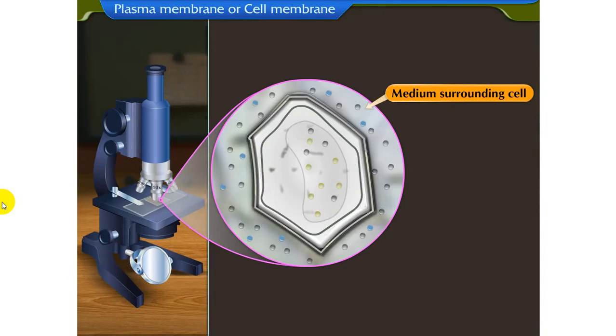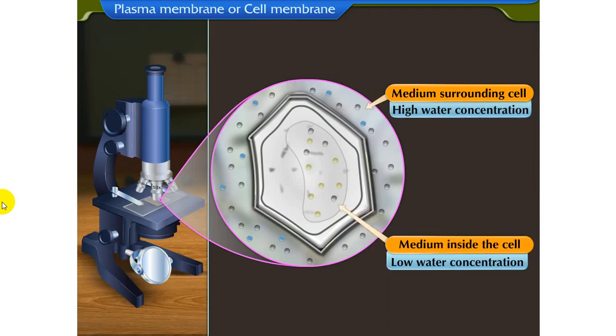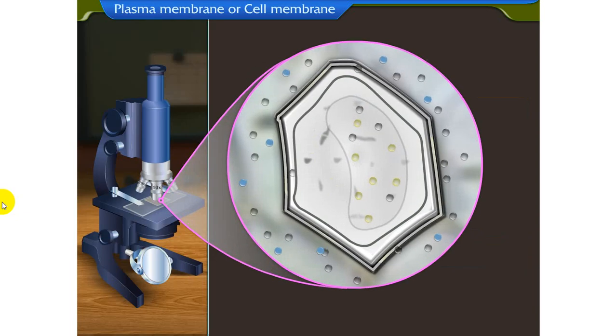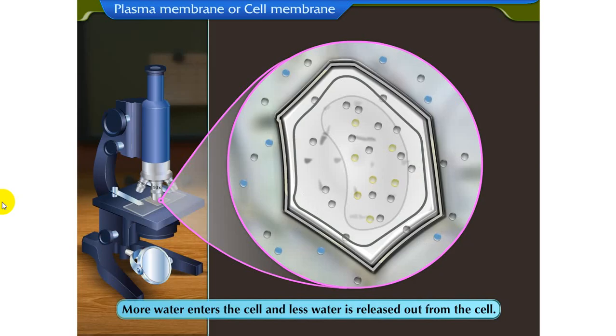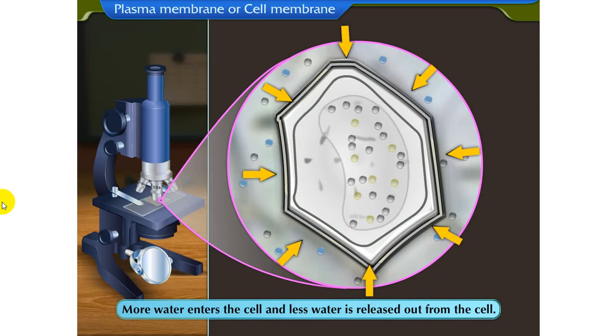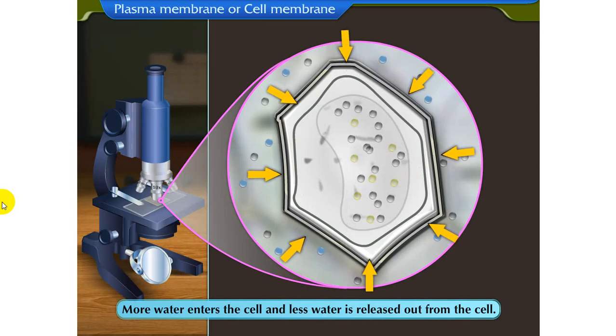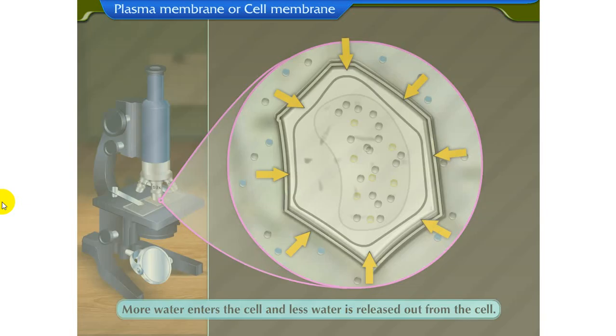When the medium surrounding the cell has higher water concentration than that of the cell, that is, the outside solution is very dilute, such a solution is called hypotonic solution. In such cases, the cell is likely to swell up. This happens because more water enters the cell and less water is released out from the cell.